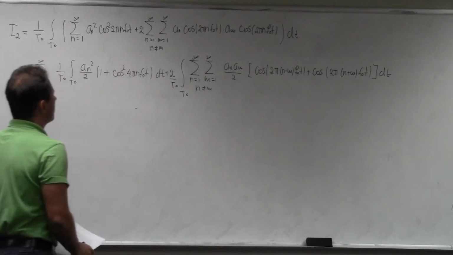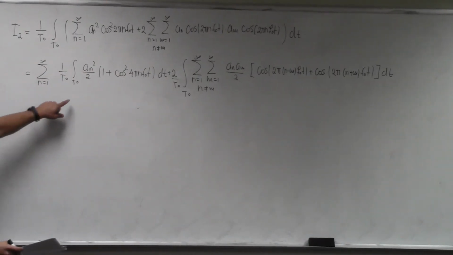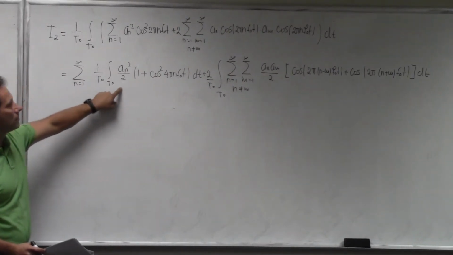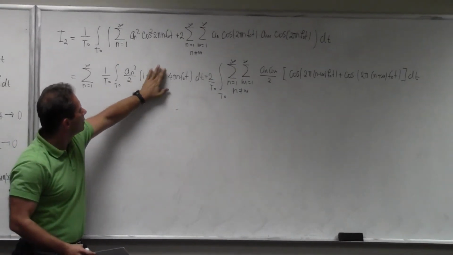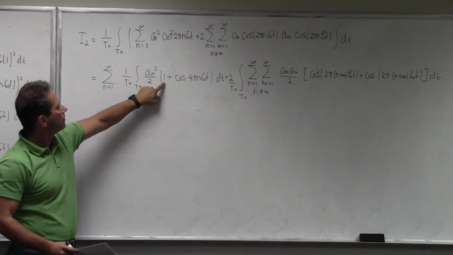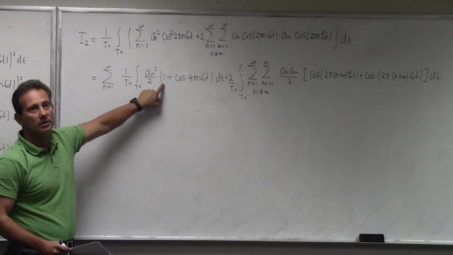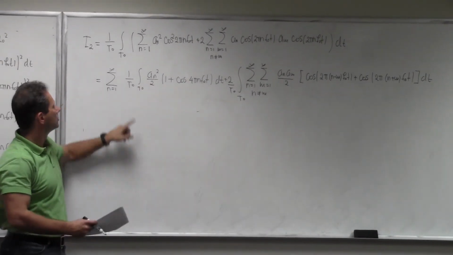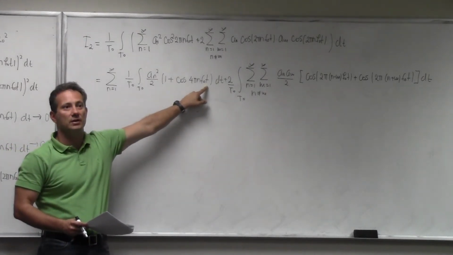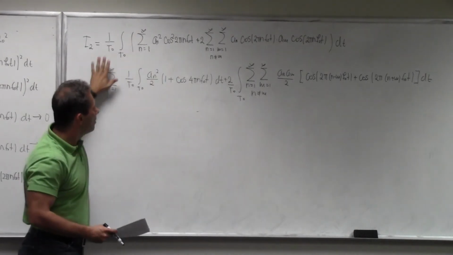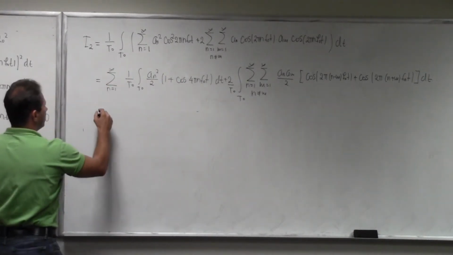Okay? Now, what is the average of this? Because that's what I'm doing, always keep in mind. Average of, there's no p squared here. Average of an squared over 2 is what? An squared over 2. So this, and what is the average of the cosine 4 pi n f0 t? 0. So this whole mess here ends up being very simple.